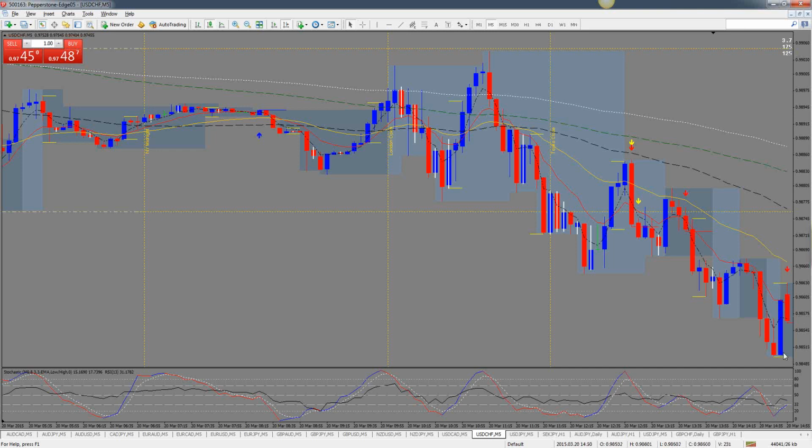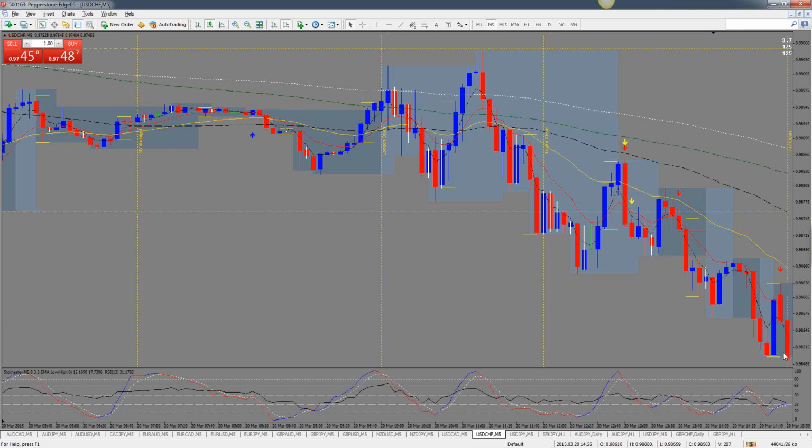So I'm not going to take this trade, guys. I don't want to take it. Oh, bummer. Should have taken it. The other time I don't like to trade is right at an open. You need to know when your markets are opening and closing. I don't like to trade right at an open or a close of a market.